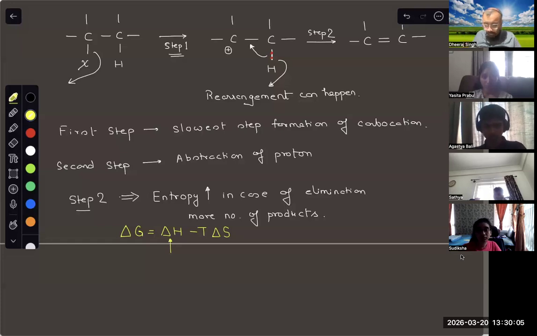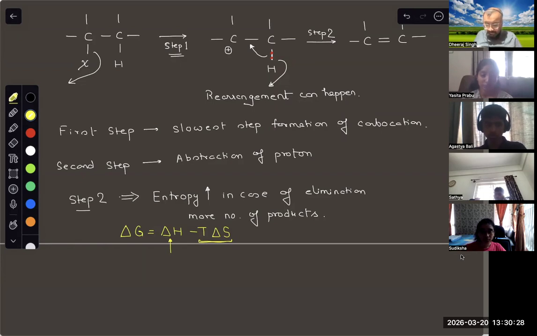They happen because this T delta S term compensates for stability. That is why in an endothermic reaction, if you increase the temperature, the reaction will proceed in the forward direction. The products are less stable, but still it is getting formed.